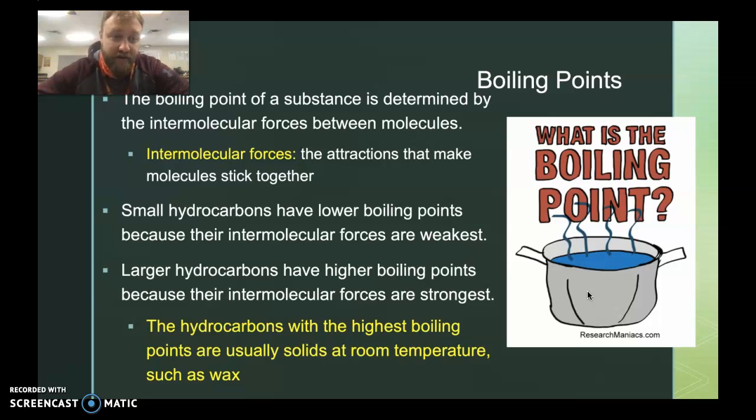Whereas the more hydrogens and carbons you have, the higher your boiling point's going to be, the more energy you'll get out of it, and the stronger your forces are going to be. So hydrocarbons at the highest boiling points are usually going to be solids, those at the lowest are going to be gases, and those in between are going to be liquids.